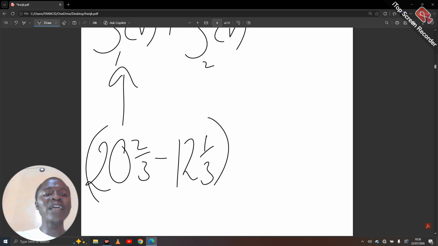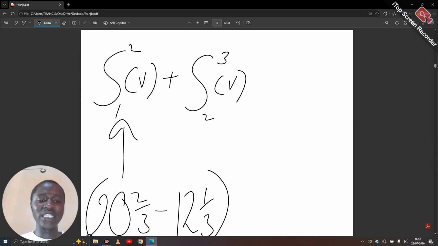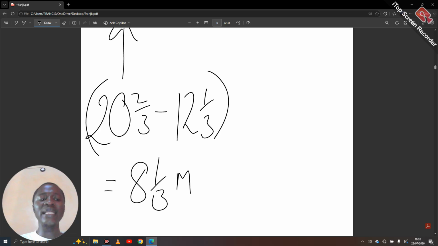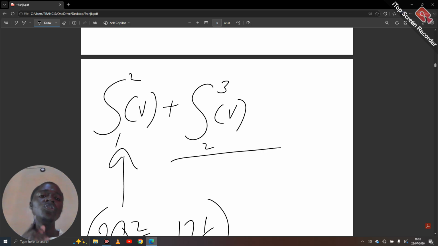That is for the first part of integration of this velocity. So the difference of this, we are having 8 and a third meters.